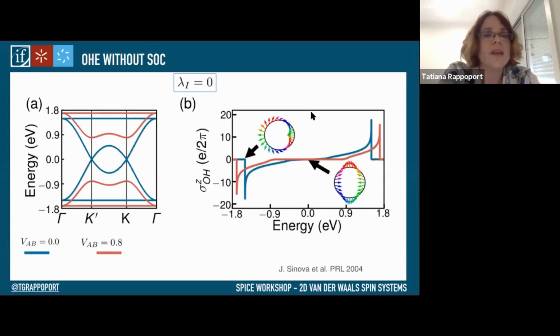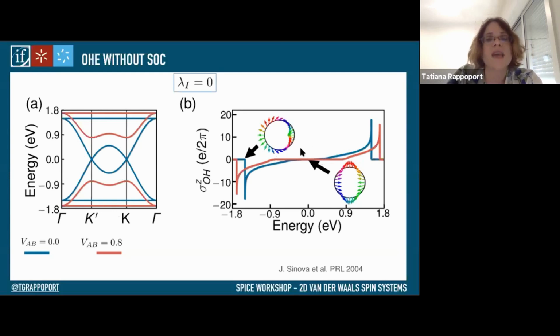So, well, the thing that's interesting about this model is that even in the absence of spin-orbit coupling, the model presents orbital Hall effects. There is a degenerate point where we cannot calculate these orbital textures, but all over the rest of the Brillouin zone, we can also see the same textures. And here I show the band structure without spin-orbit coupling, when we break and when we don't break the sublattice symmetry, and the structure of the orbital Hall effect is more or less the same.